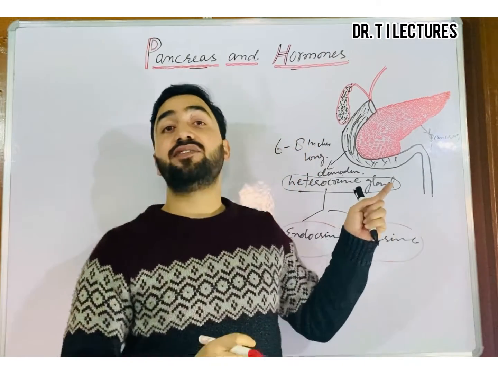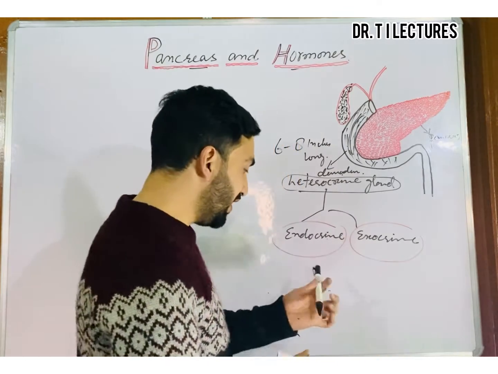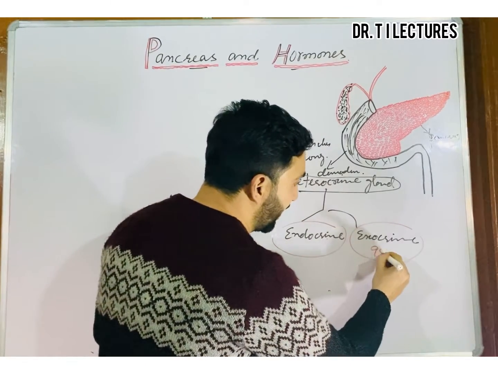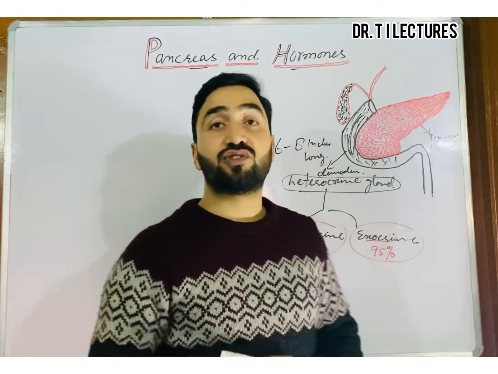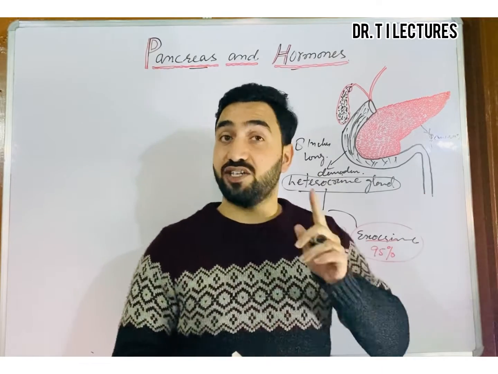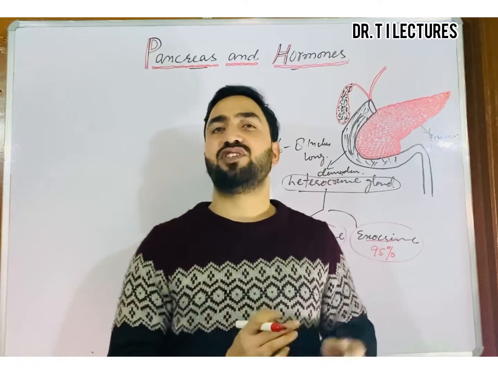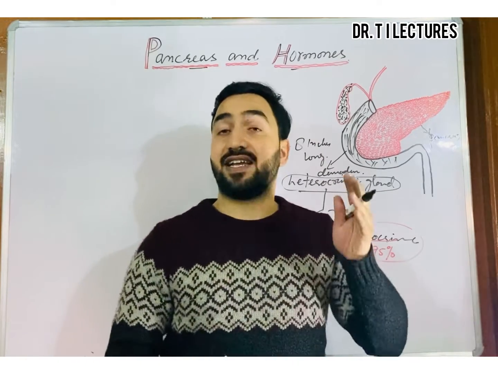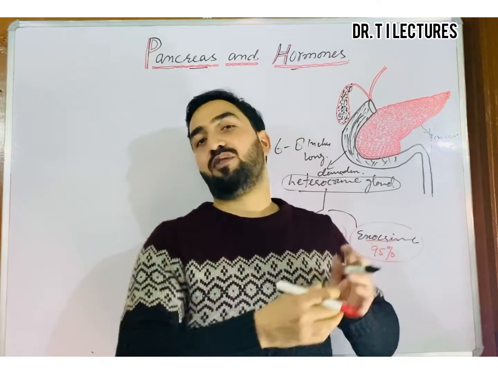Around 95% of the pancreas is exocrine tissue, which is responsible for the production of pancreatic juice. That pancreatic juice contains important kinds of enzymes that help in breaking down the food material into small compounds.